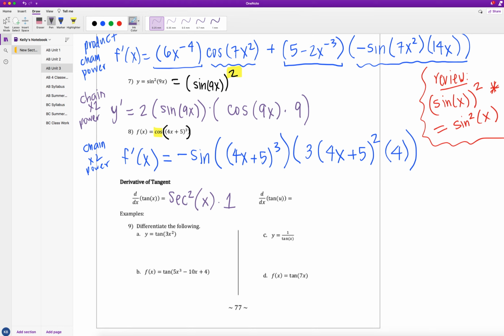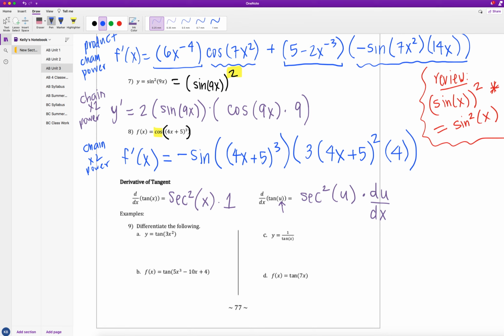In general, the derivative of tangent of u with respect to x will be secant squared of that function u times the derivative of u with respect to x. This u is just a placeholder for whatever type of function I want to substitute in there. The derivative of u with respect to x just represents the derivative of that inside function. Let's look at some examples.